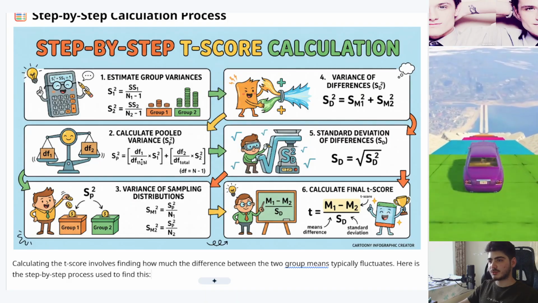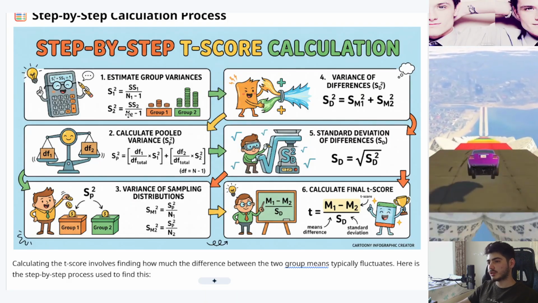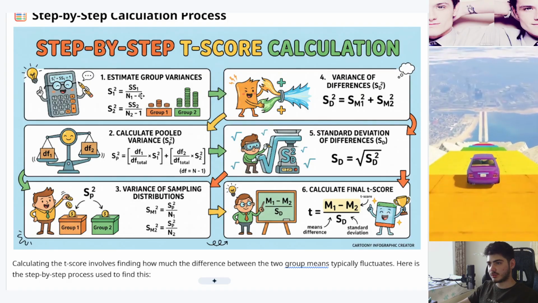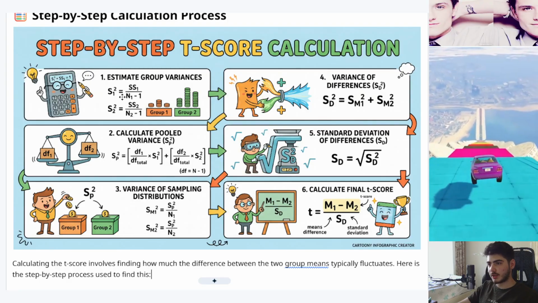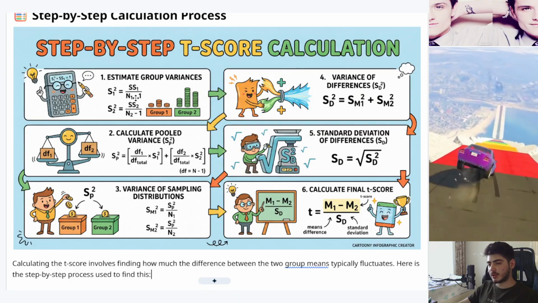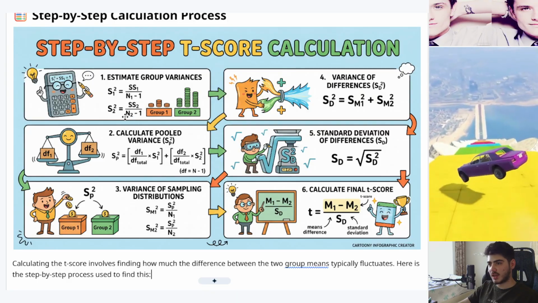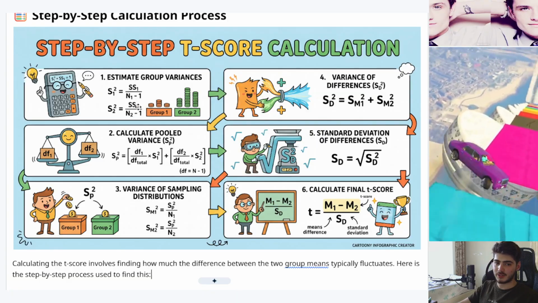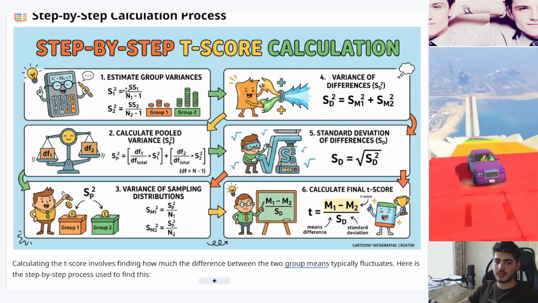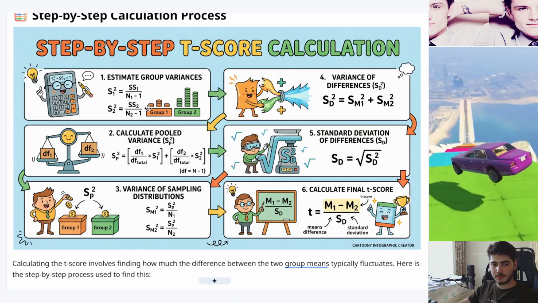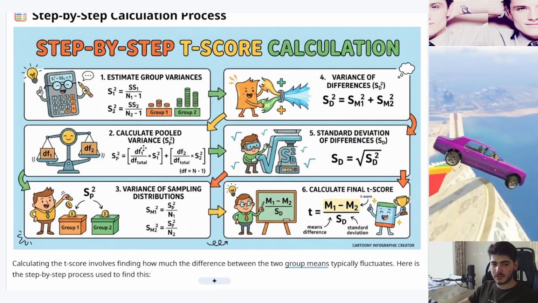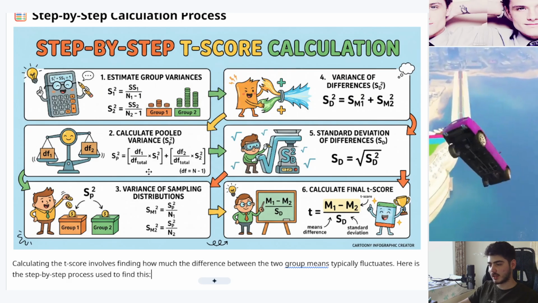This usually amounts to these two df values getting combined. It's n minus 1 plus n minus 1, basically. So if you have 10 people here and 7 people here, your df total is 17. It's as simple as that.